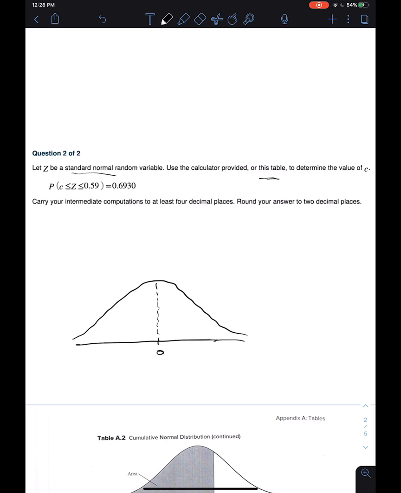So we're saying if the probability is 0.6930, what is the interval that we're looking for that goes from some C value all the way up to 0.59? So 0.59 is positive, so that's definitely going to be on this side. So let me go ahead and show that. 0.59.